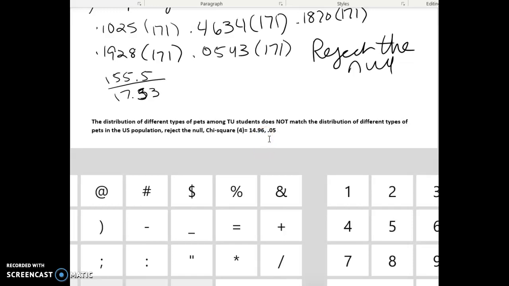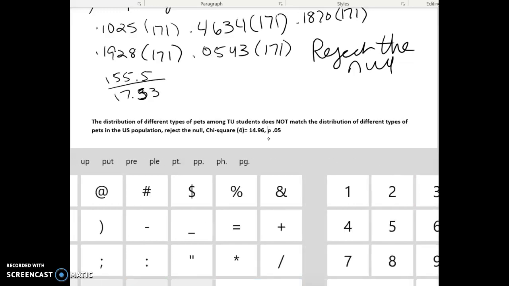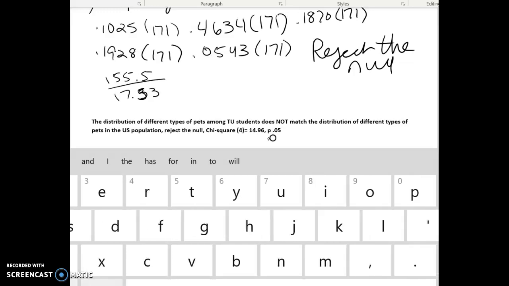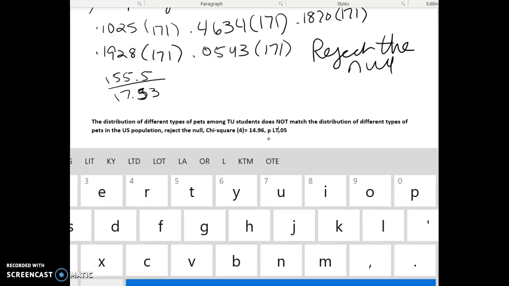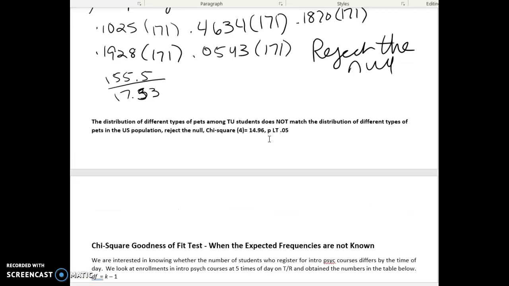We're just going to say less than 0.05 so we don't waste time.